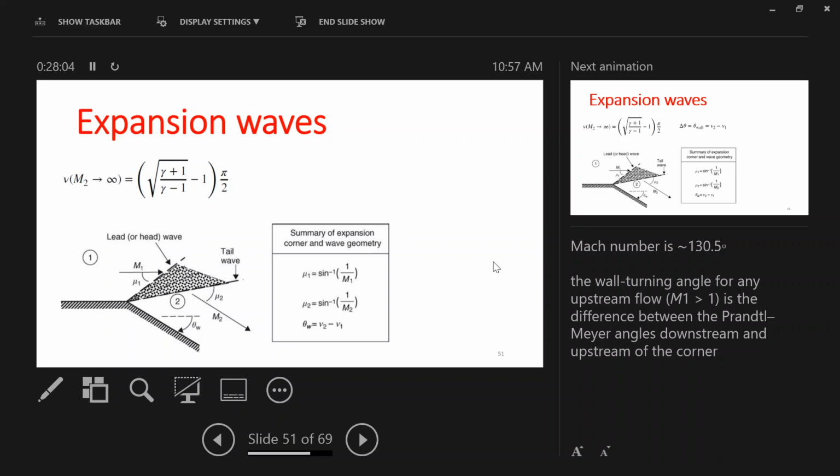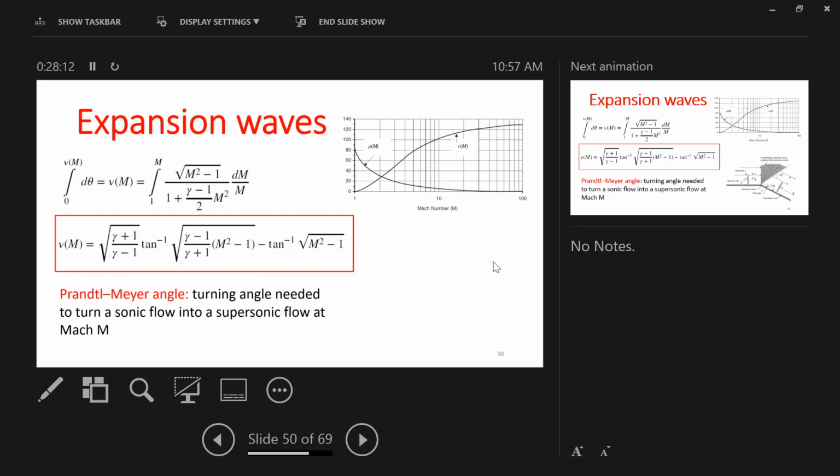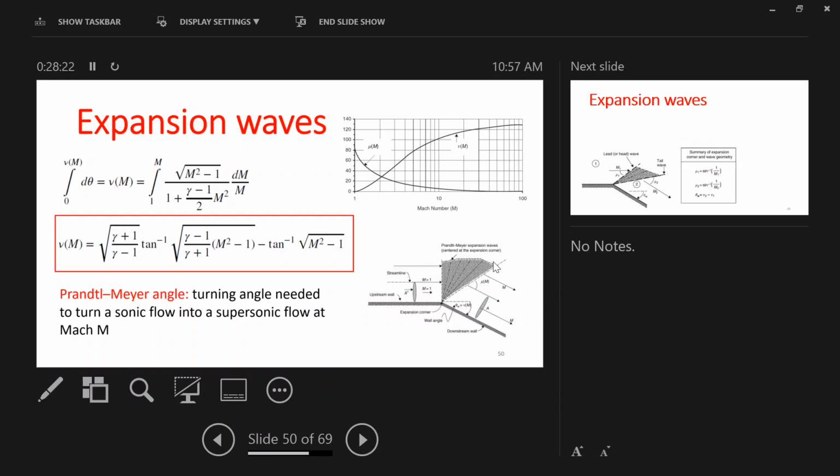So the idea was, let me go back a little. The relationship we have here, just to be clear, was for supersonic conditions, right? Let's say you are approaching an expansion wave at the sonic condition, M equals 1, right?